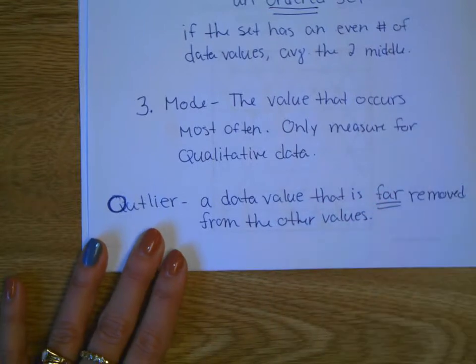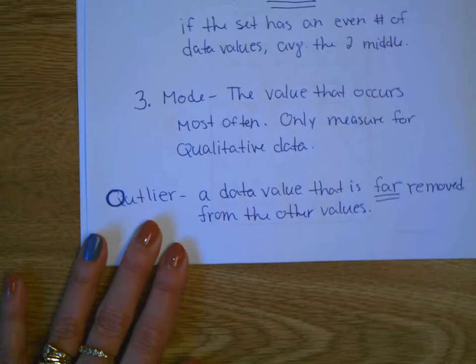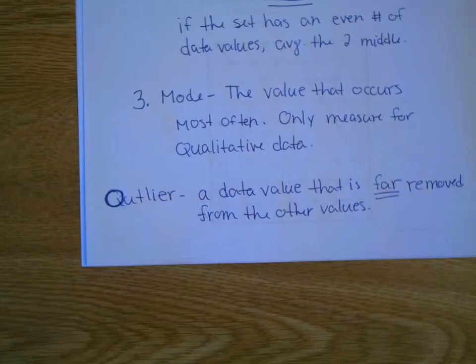Later on, I'm going to give you a formula that tells you how far away you have to be an outlier, but for now it's just going to be obvious.